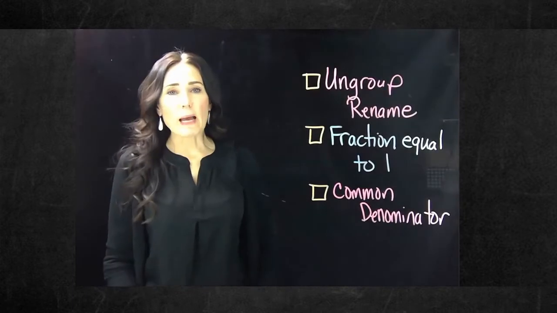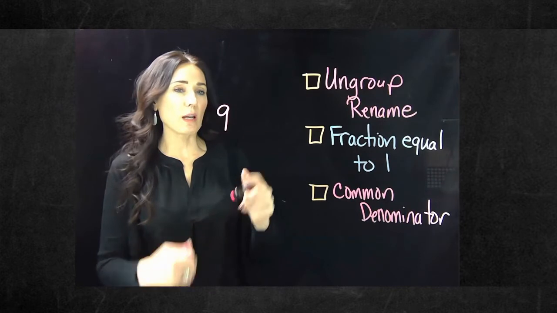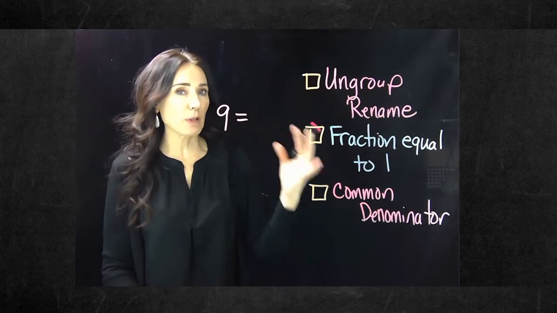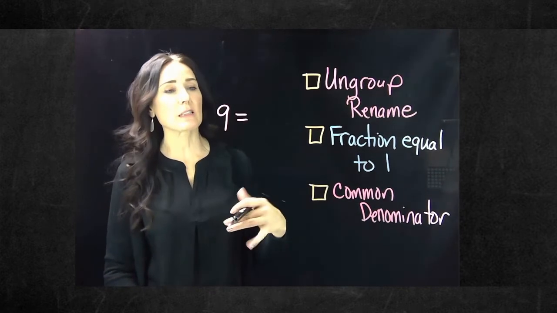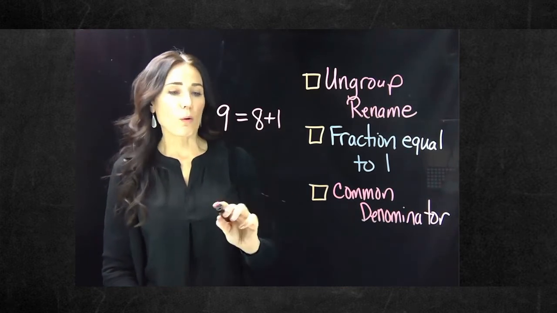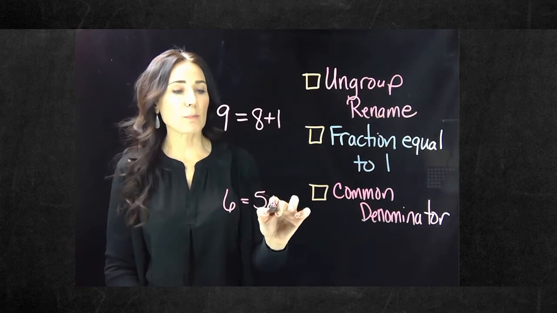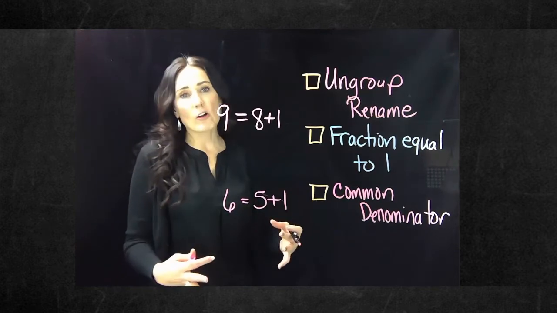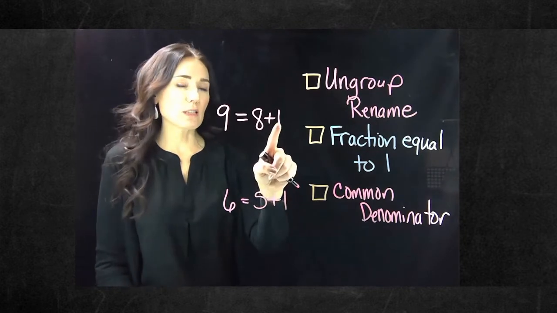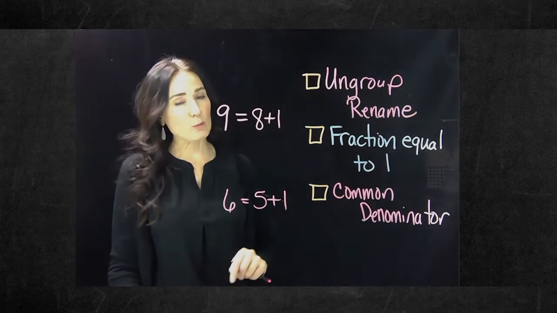All right, so let's go back to this example of using 9. We want to make sure we make it equal to something plus 1 for this exercise. So we would say 8 plus 1. Or if we were to use the number 6, we could say 5 plus 1. But now we want to change this number 1 and make it equal to a fraction that is equal to 1.